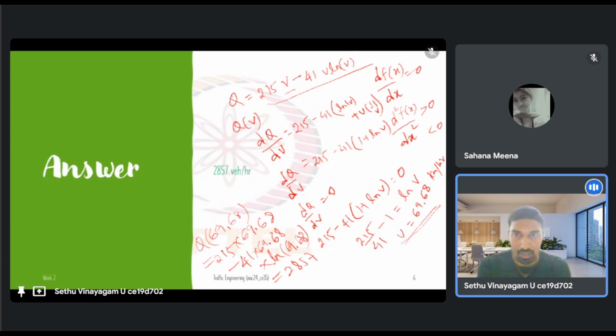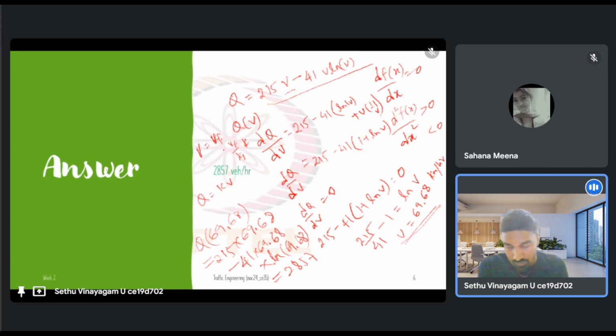Right. So for the other models, like the Greenberg model and so on, this is how we find it there as well. We had the Q-K, the V-K relationship, right? So V is equal to Vf minus Vf by Kj into K, and Q is equal to Kv.